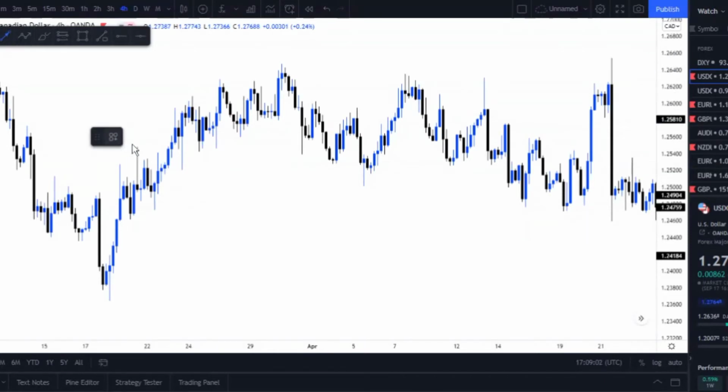Where's the break of structure? BOS. This is the break of structure. So this last up move, the reason I keep saying up move is because this is a 4 hour time frame and it's quite big.